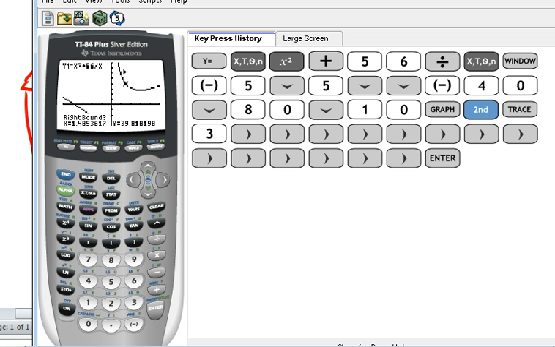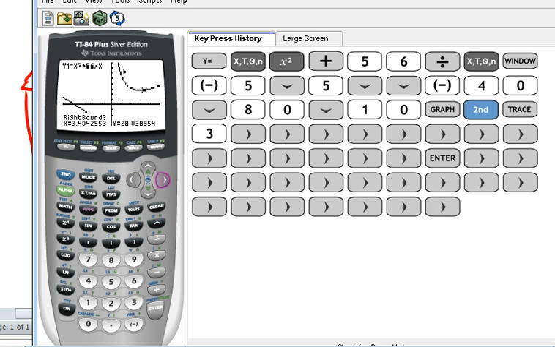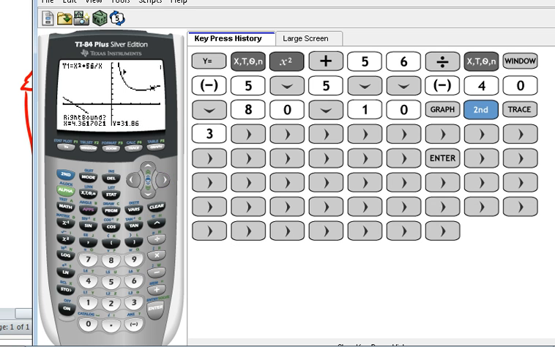I press enter. Now it asks me for a right bound. So I stay close, but this time go to the right side of the minimum value. That's the lowest value. Hit enter again. It's asking for a guess. I can let the calculator do the work by pressing enter again.